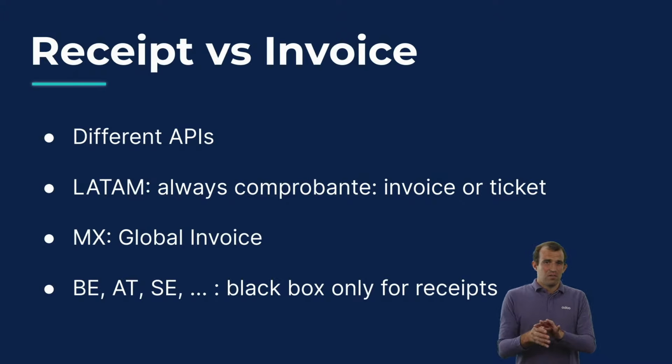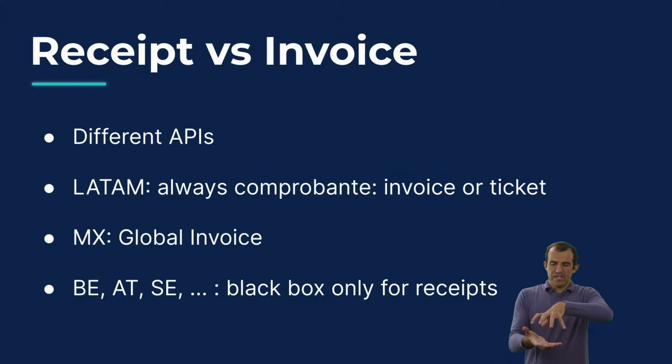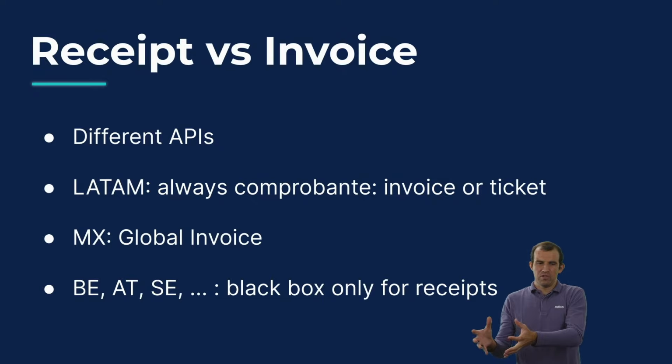Sometimes for LATAM, they always create an invoice, but you have an invoice of type ticket and an invoice of type invoice. And for Mexico, you need to take all the tickets together and create a global invoice that you send to the government.